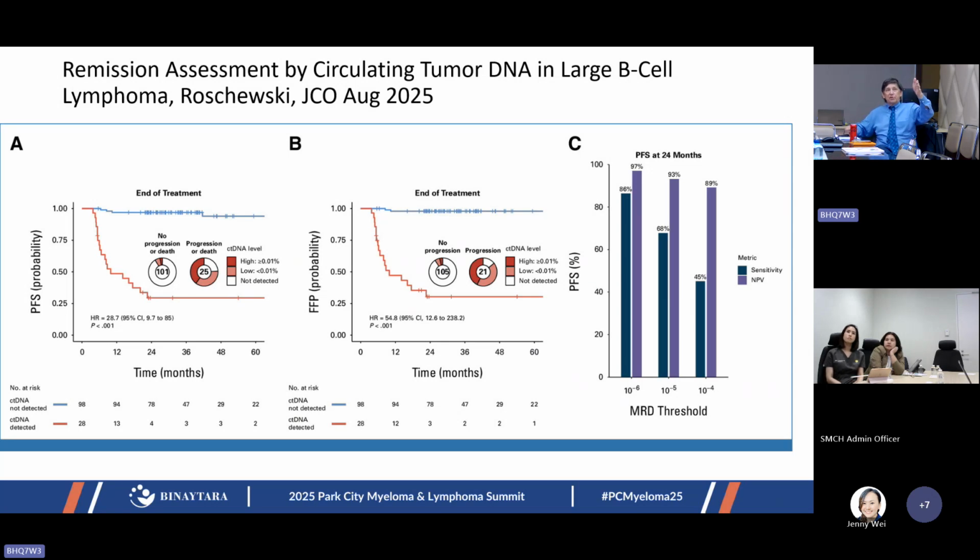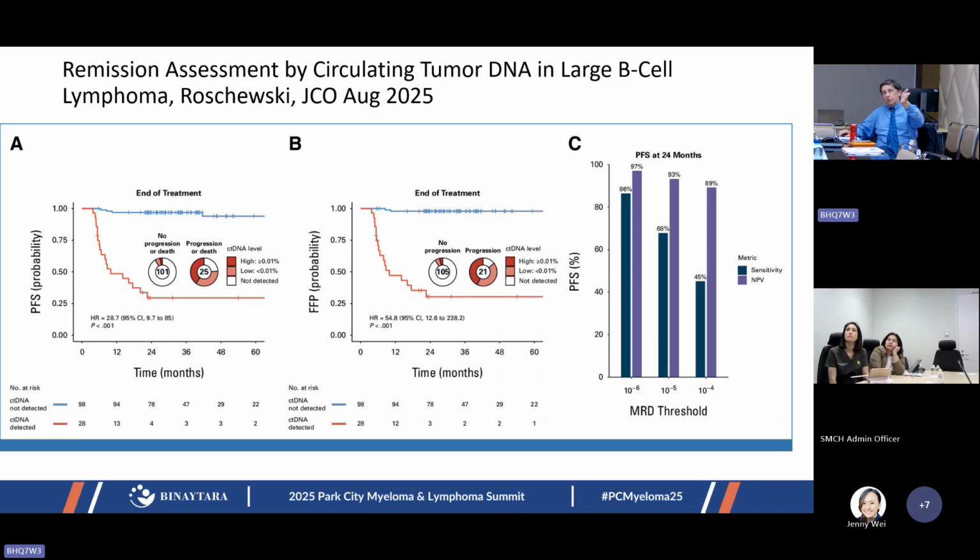You can see at the end of treatment, this is sort of hard to follow, but if you had no circulating tumor DNA detected, very high cure rate. If, on the other hand, you have circulating tumor DNA, that's the curve in the red, it is very predictive of relapse. And again, this is 1 month after your last dose of R-CHOP. That's when it was collected.